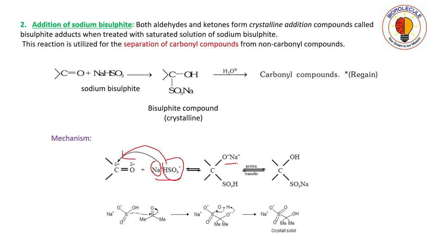You will get ONa and this SO3H. Then proton transfer occurs here, and you get this compound. That is the crystalline solid compound you are getting.